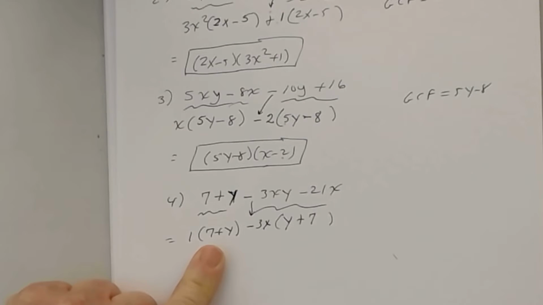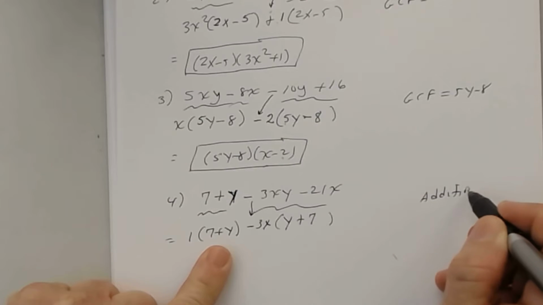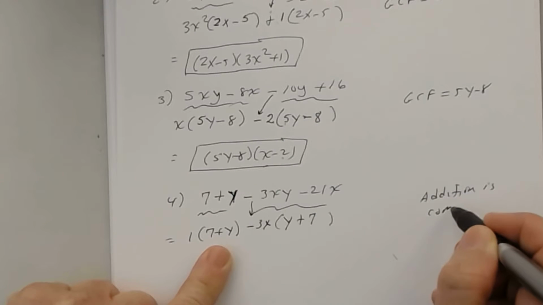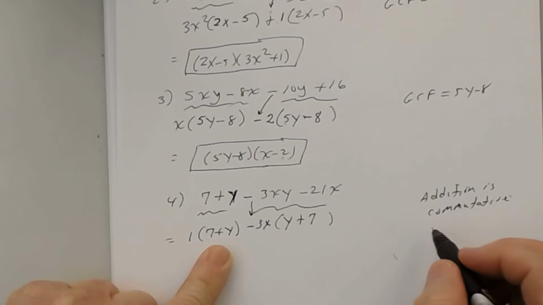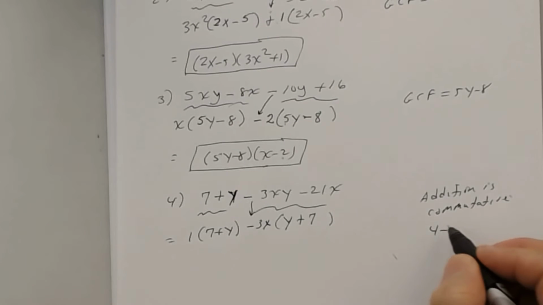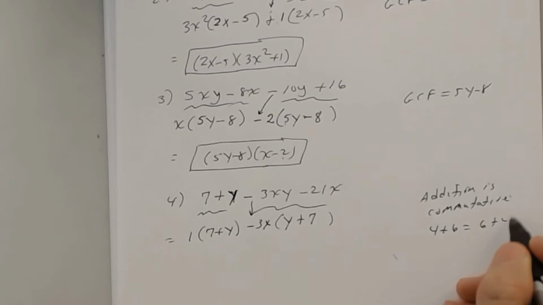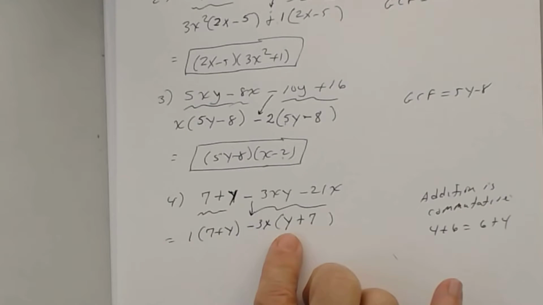All right. Now, let me ask you this. Are these two things the same right here? Yes. Remember, addition is commutative, meaning that the order in which you add does not matter. 4 plus 6 is the same as 6 plus 4. That's what that means. So 7 plus y is the same as what? y plus 7.